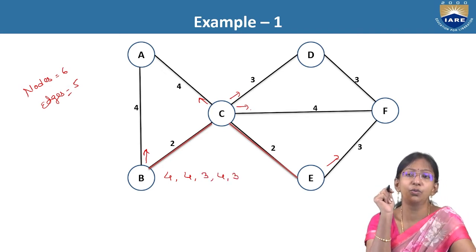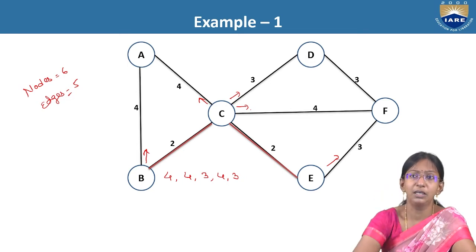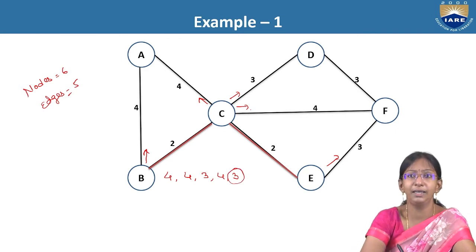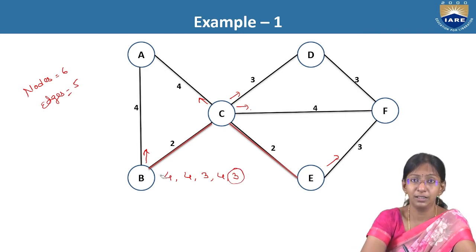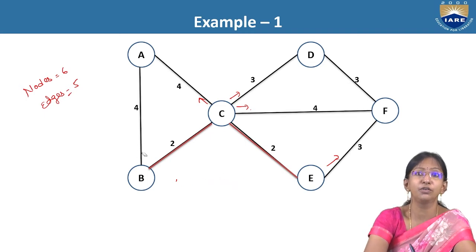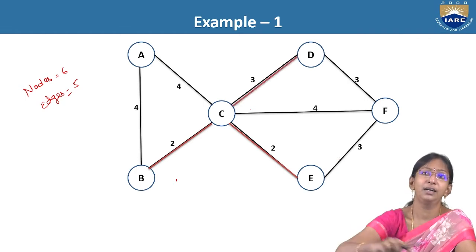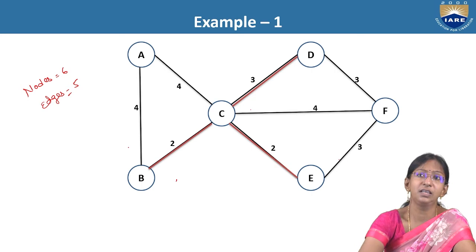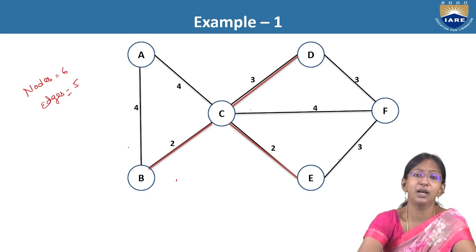The recent one I have added is E. So the least is two 3s. Choose one of them and add it to your spanning tree, but please see that it does not form any cycle. So I'm going to add it. I have added C and D. It has a minimum weight 3.